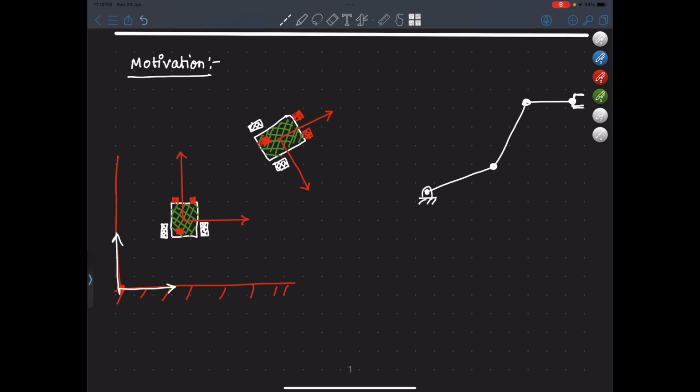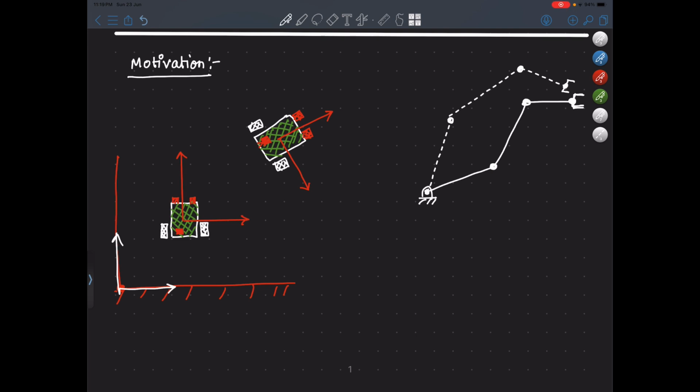So let's say initially it was like this. Initially it was like this, and it moved and came to the new position. Now what is the change?